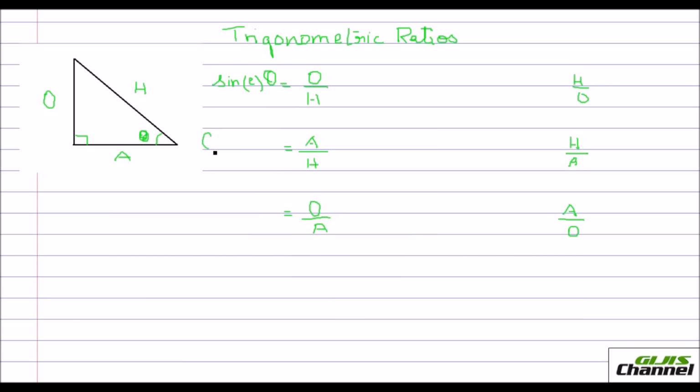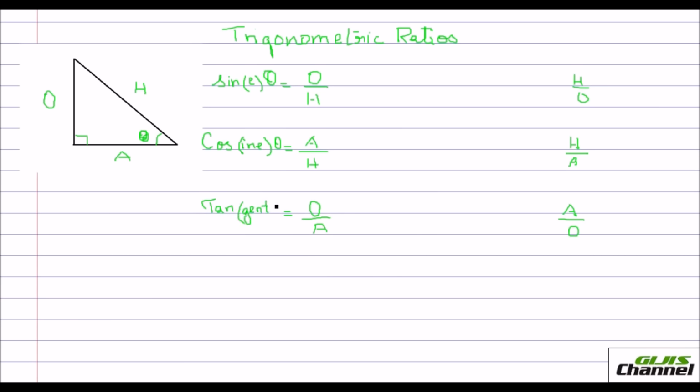Then you have cosine theta, so that we call as cos theta. Okay, this is cosine, but we call it as cos theta. Then you have tangent, you normally call it tan, the first 3 letters, so that is tangent theta.